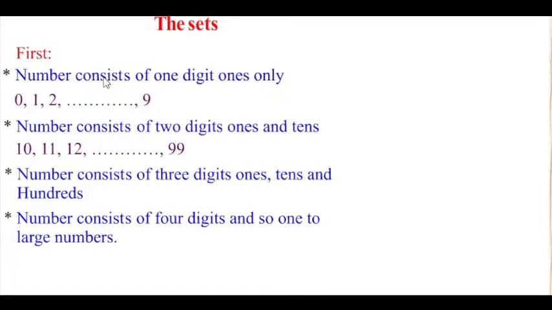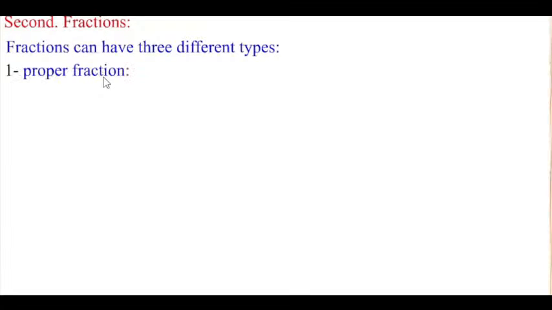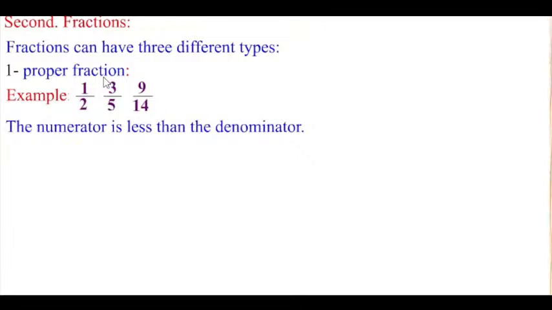One and larger numbers. Second, fractions. Fractions can have three different types. 1. Proper fraction. Example, half, 3 over 5, 9 over 14, and so on. The numerator is less than the denominator. 2.